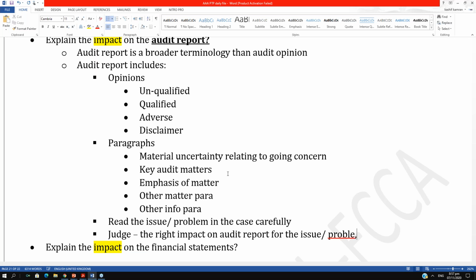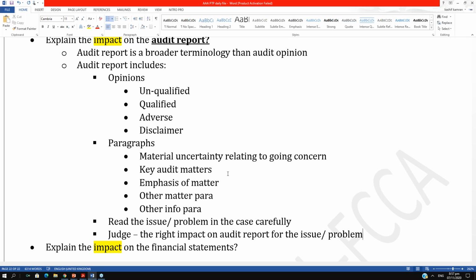Judge the right impact on the opinion, or the right impact on the report. When the examiner asks to explain the impact on report, is it necessarily that the question only contains a problem which leads to a qualified opinion? Or the question can contain something which can result in an emphasis of matter paragraph, a key audit matter paragraph, or a material uncertainty relating to going concern? Is everyone clear on that?